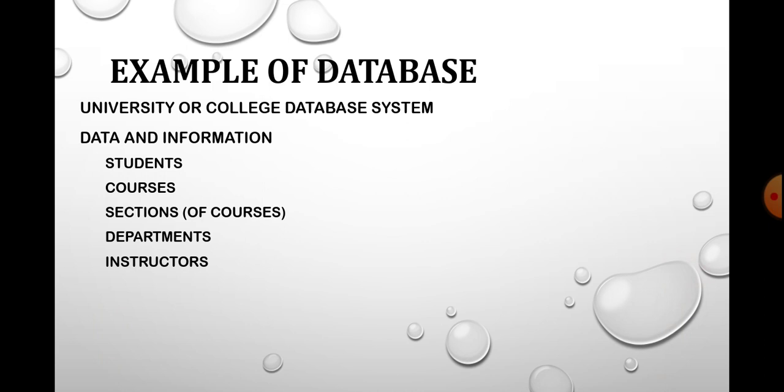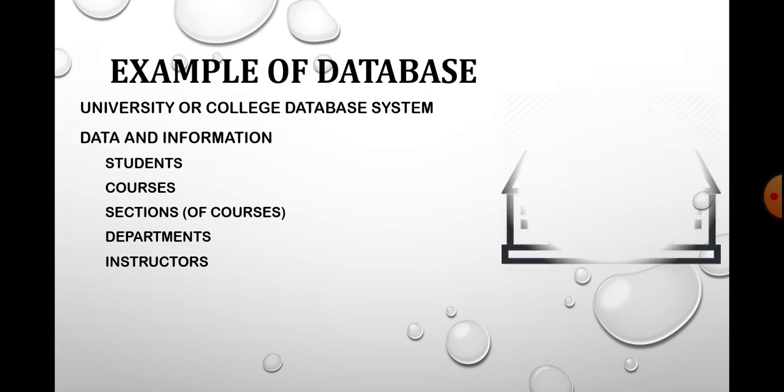A very common and real-time example of a database system is a university or college database system. Data and information in universities include students data, courses data, sections of courses, and departments, and the university has instructors to teach the courses that the university offers.